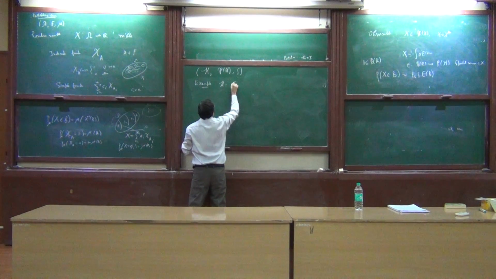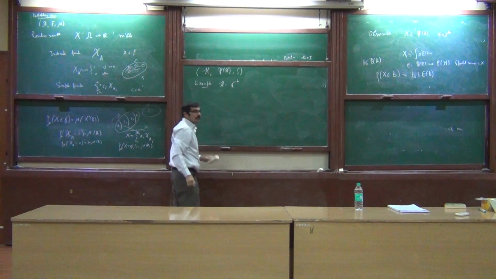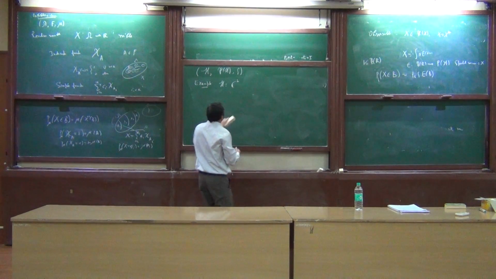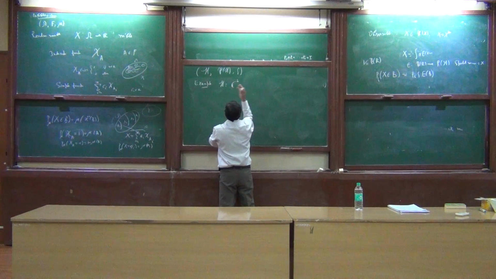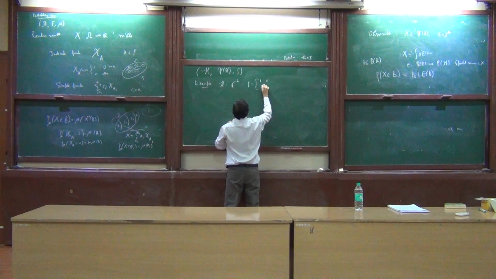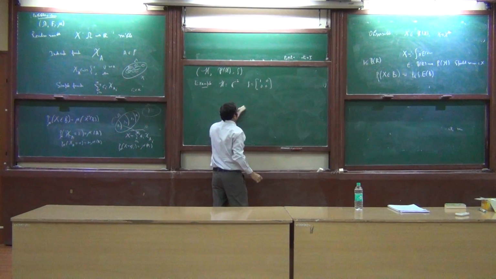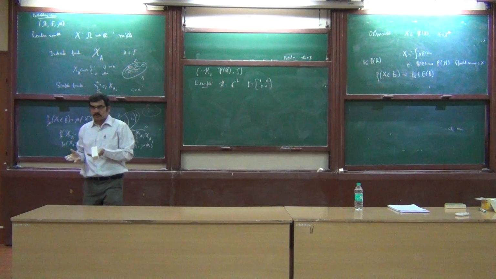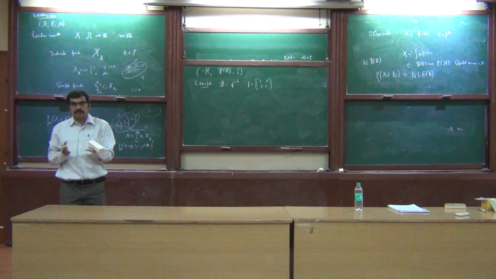Take H as just C, and B of H, of course, the projections on H. And then rho is this operator, a positive operator of trace 1. It is basically the projection onto the space spanned by the basis vector E1.